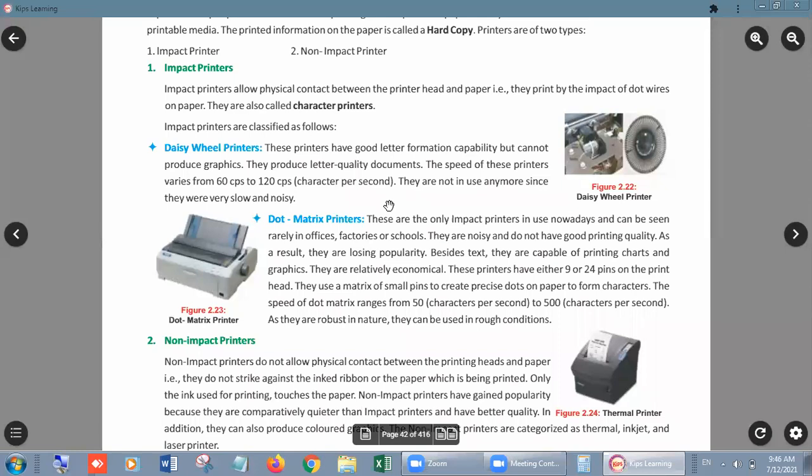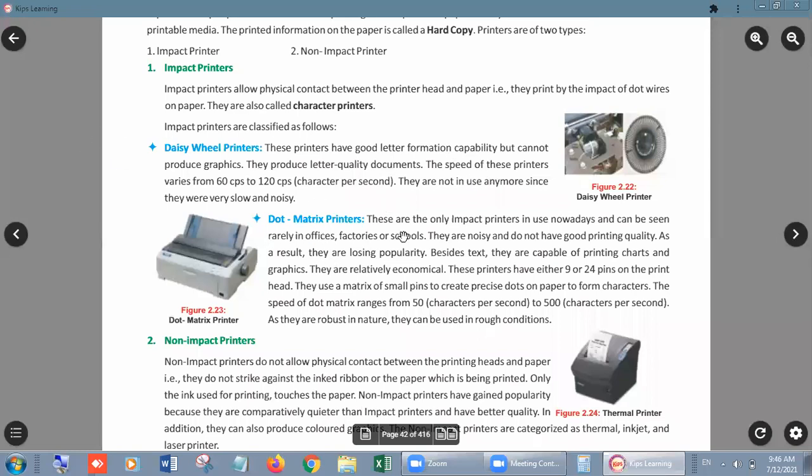Why? Because every alphabet strikes on the ribbon, and due to it produces so much sound, so much noise. And these printers were very slow also. In this way you can say we can't use these kinds of printers nowadays. So the daisy wheel printer chapter is over.